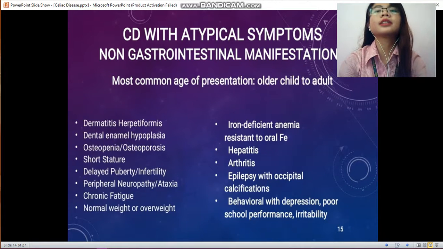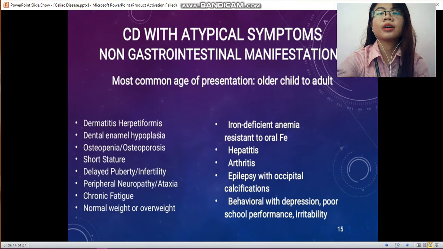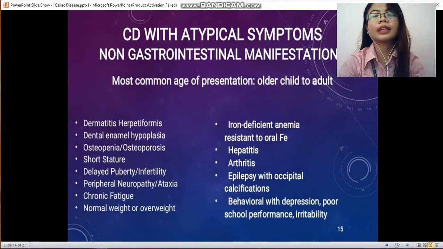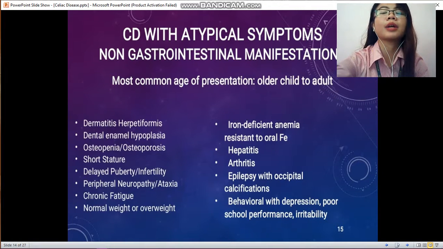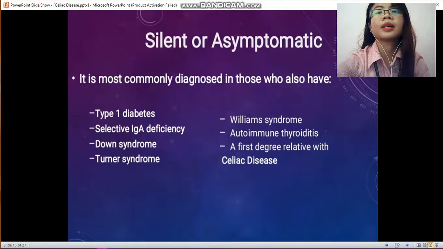For celiac disease with atypical symptoms, non-gastrointestinal manifestation, the most common age of presentation is older child to adult. So here you can see the list of manifestations like dermatitis, dental enamel hypoplasia, osteoporosis, short stature, delayed puberty, ataxia, chronic fatigue, overweight, hepatitis, arthritis, epilepsy, and behavioral problems with depression.